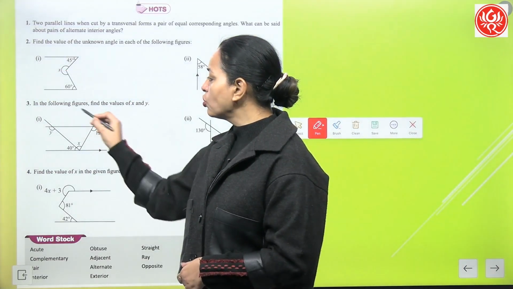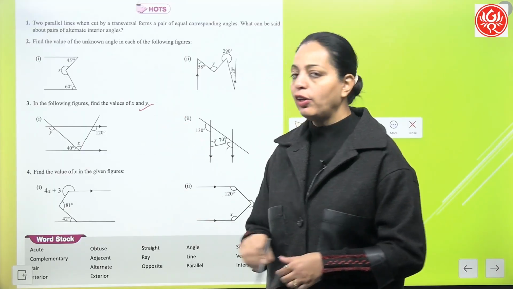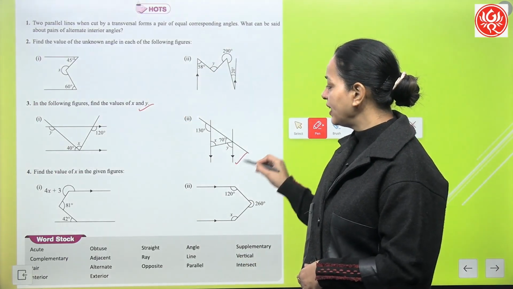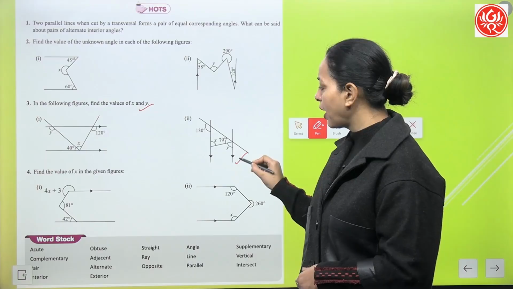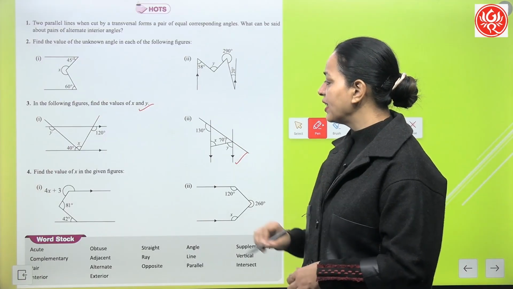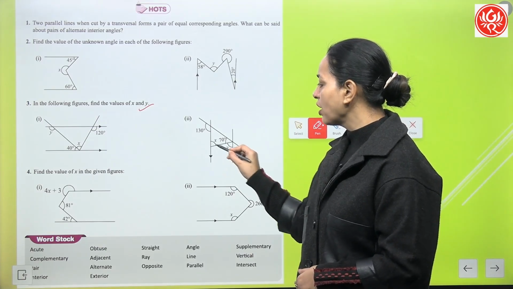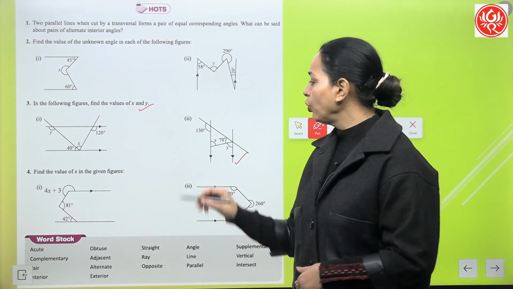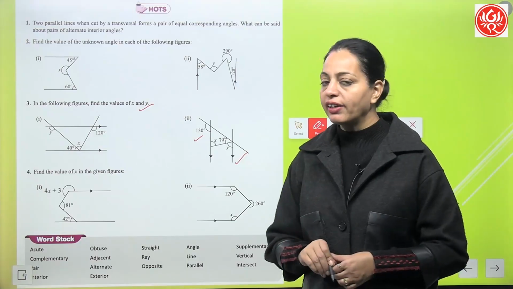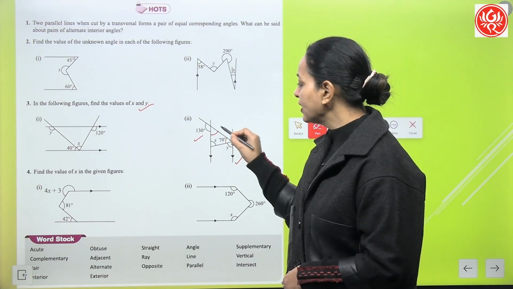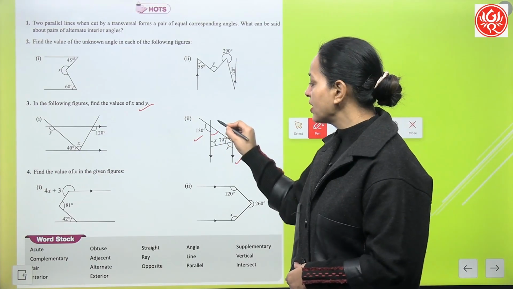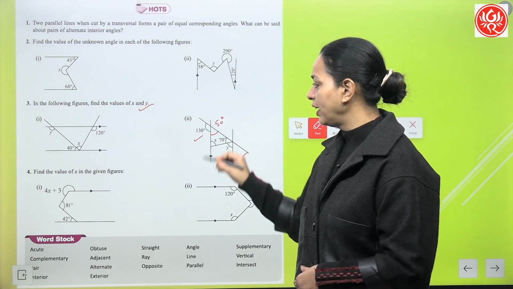Now here, third question: in the following figures find the value of x and y. Like see this one here, these two lines are parallel and this is the transversal. So how can you find x and y? We know this angle is 130. So I can find this adjacent angle. This is 50 degrees.